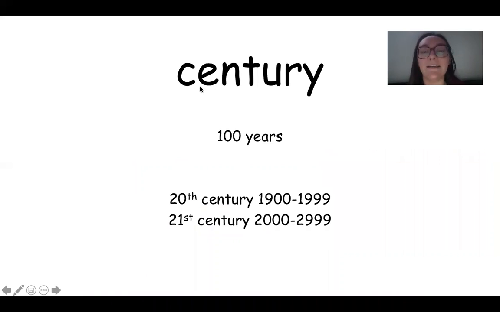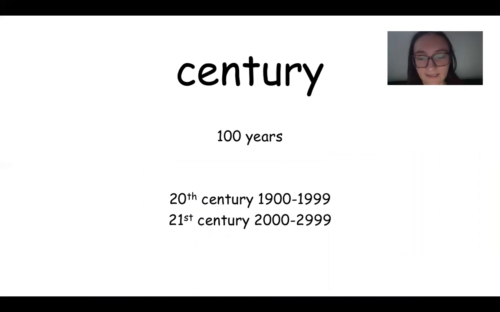The next word is century. Century. So century is like 100 years. So that's what century means. So when somebody says, you know, can you get it done in this century? That kind of thing. It means you're taking a long time, but century means 100 years.